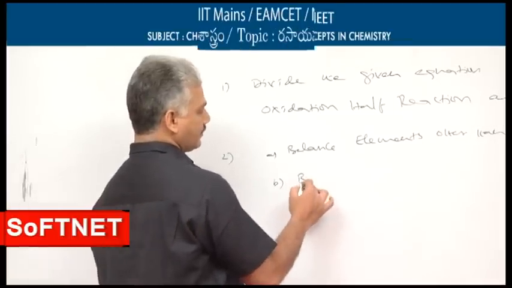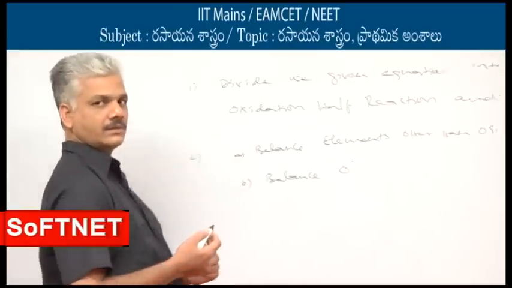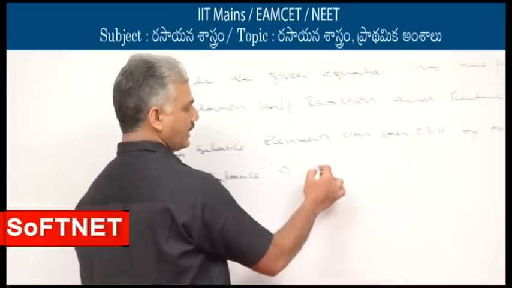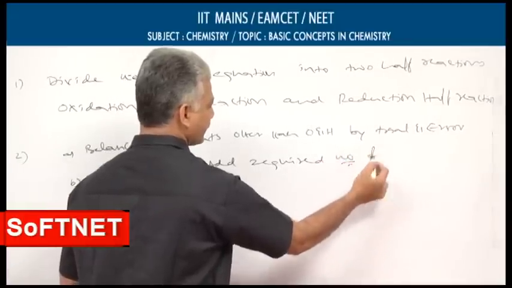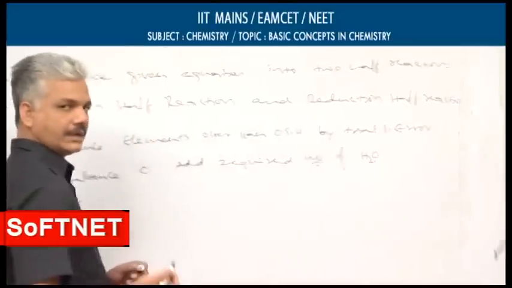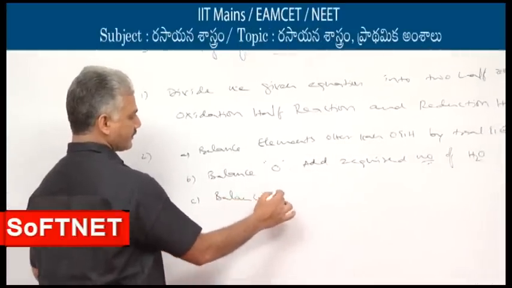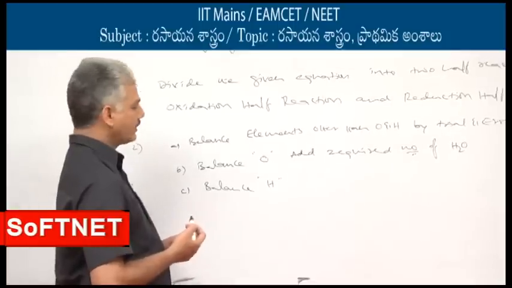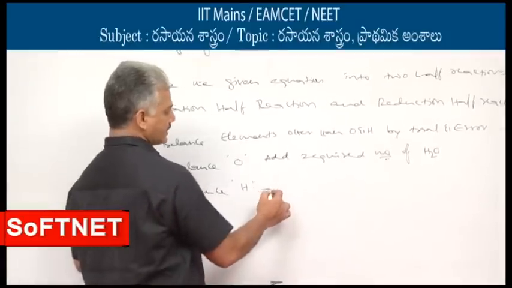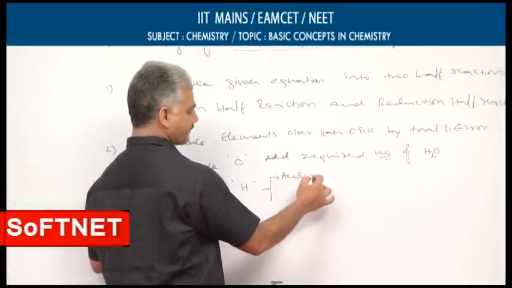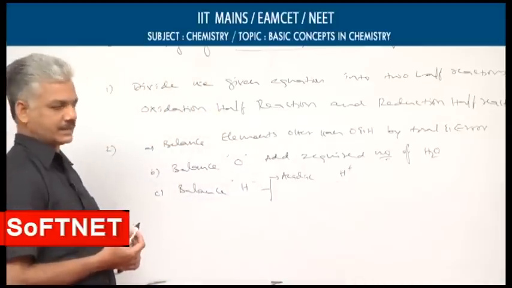Then we have to balance oxygen, and the rule for balancing oxygen is to add the required number of water molecules on the deficient side. Then you have to balance hydrogen. For balancing hydrogen, we have to check the medium of the reaction. If the reaction takes place in acidic medium, on the deficient side, straight away we can add the required number of H plus ions.